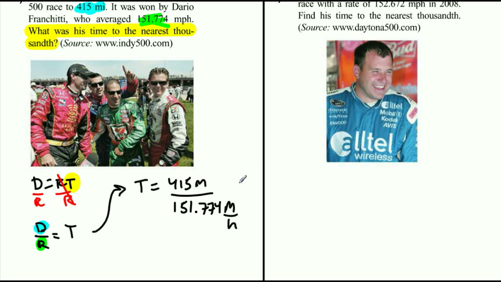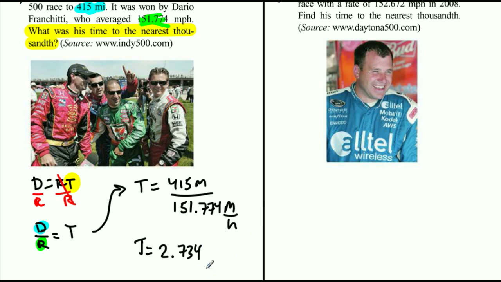And this is very important that you're actually putting the units, because this is a real life problem. Put the units of measurement there. Alright, so we can first do the calculation easily by just using our calculator. 415 divided by 151.774, and you would get a whopping 2.734. Okay, and that's to the tens, hundreds, thousands.